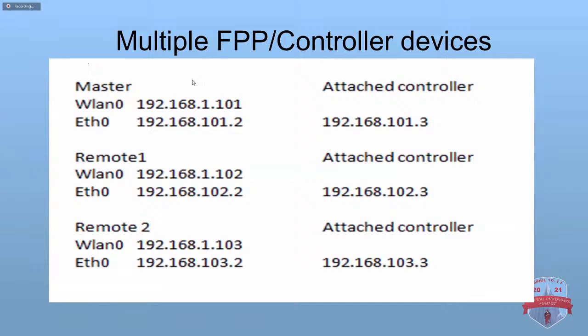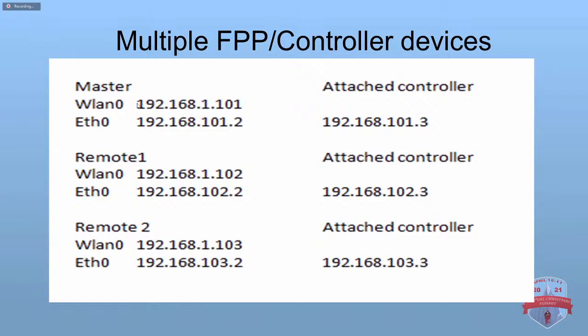So if you see, all of my WLAN 0 devices are all 192.168.1. So you see the master is .1.101. My remote 1 is .1.102. Remote 2 is .1.103. Whatever it is, I use the first, my main one starts with the 101, then number up sequentially from there.